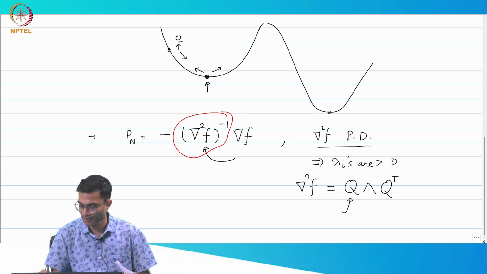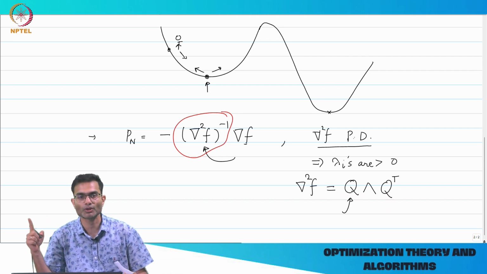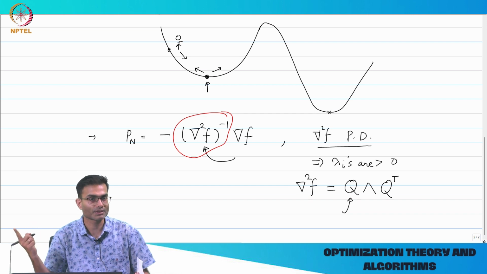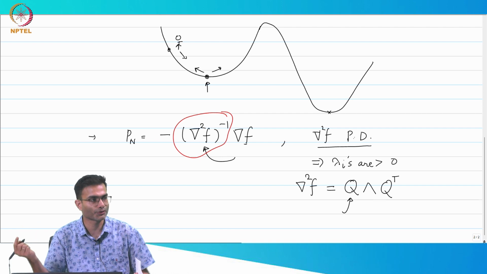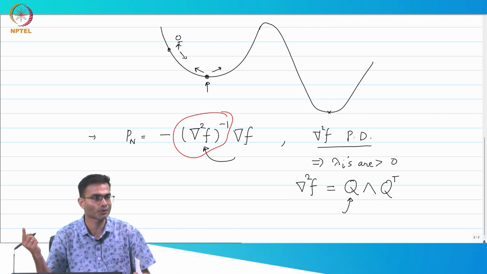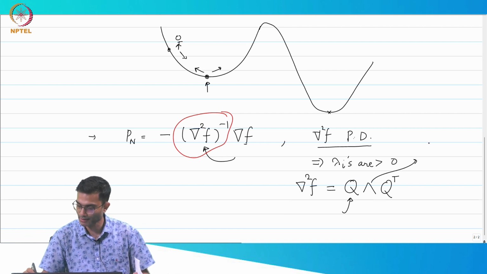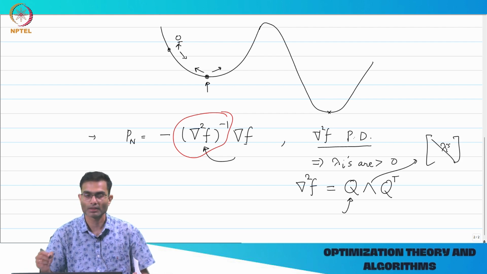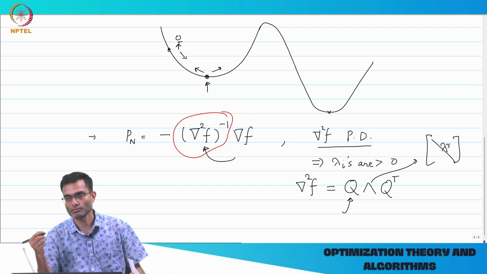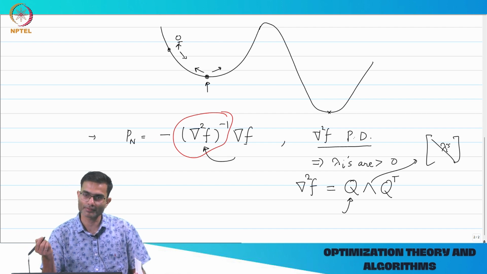So therefore if all the columns are orthogonal, that means it's full rank and invertible. That means Q is invertible, obviously Q transpose is invertible. Eigenvalues are positive, therefore this guy is a diagonal matrix with lambda i's over here. A diagonal matrix with greater than 0 entries can trivially be inverted.